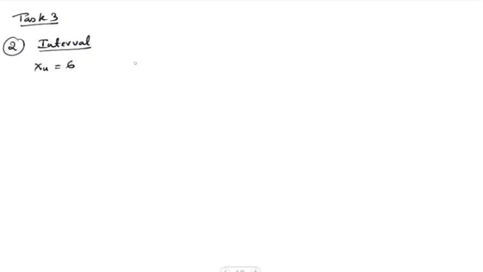So you have f of 6, which means in the function you'll put the value 6. Let's rewrite the function here again. f(x) is equal to x cubed minus 7x squared plus 8x minus 3.